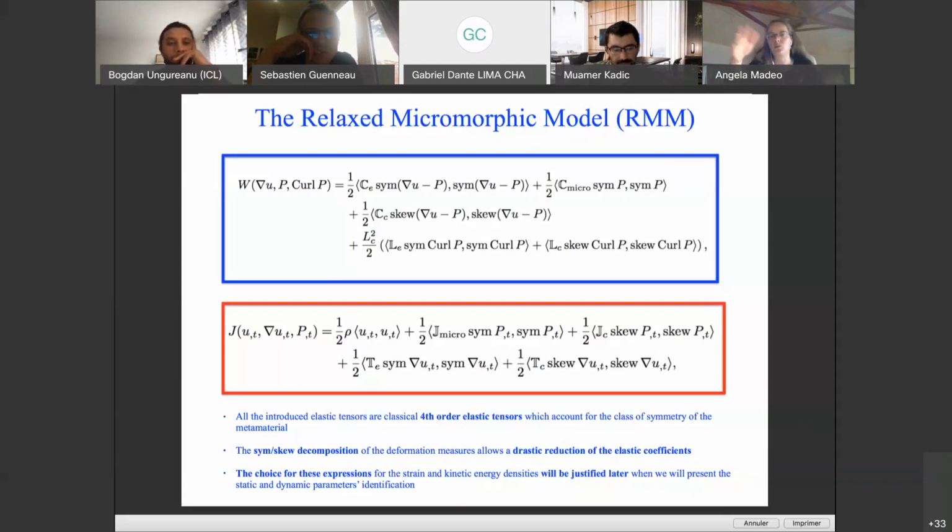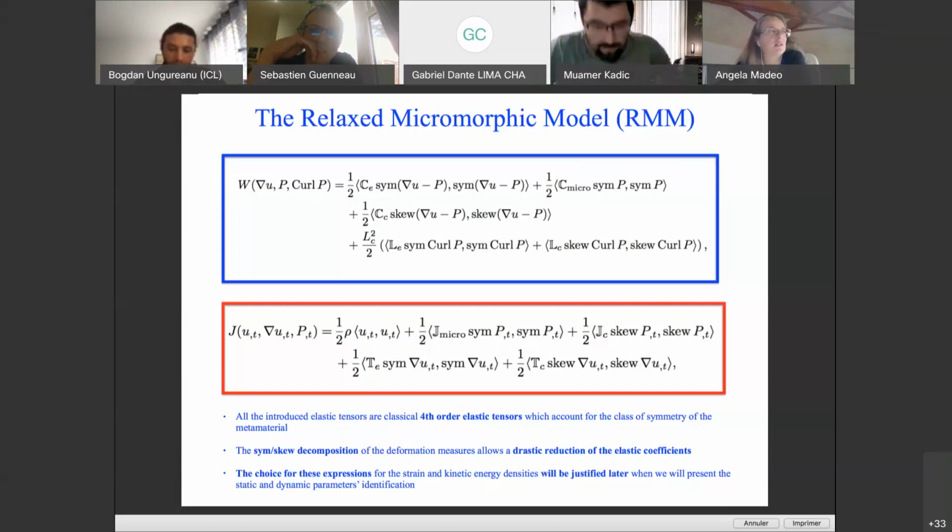Here we keep this decomposition in Sym-Curl part, but there is no difference with the Mindlin model. And then we also introduce a new term, which is usually not considered in this micromorphic framework, which is the time derivative of the space gradient of u.